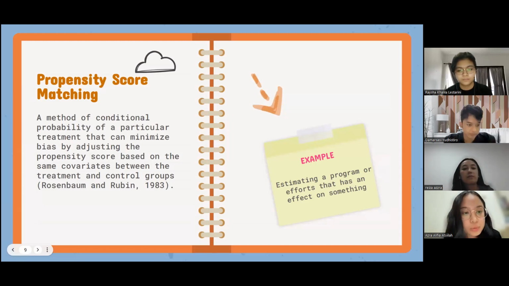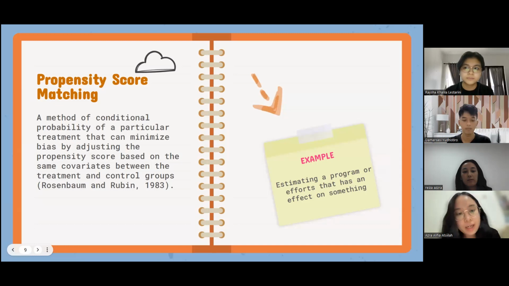According to Rosenbaum and Rubin, it is a method of conditional probability of a particular treatment that can minimize bias by adjusting the propensity score based on the same covariates between the treatment and control groups.